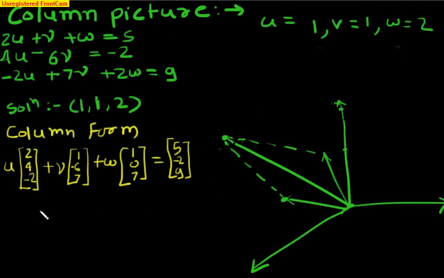Now we have u, v, w, which is nothing but the solution of our equation.